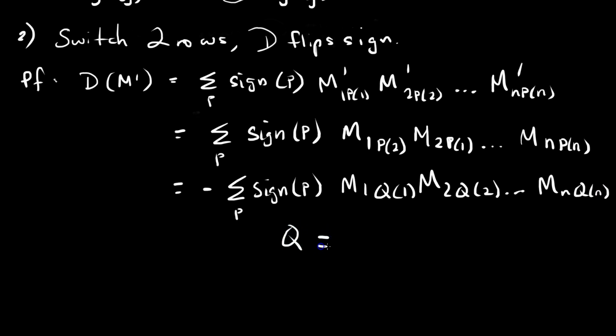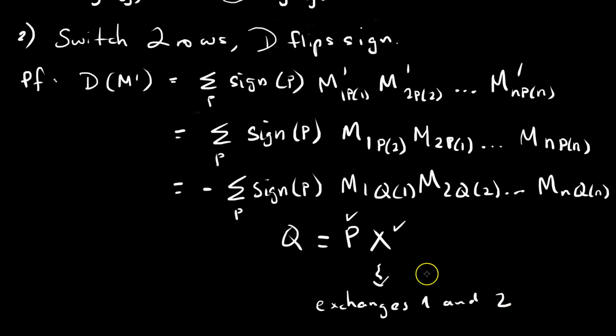Q is a new permutation that I defined that's equal to Px, and x is the permutation that exchanges 1 and 2. Okay, so permutations follow the same convention as matrices. First you do X, which switches 1 and 2, and then you do P, which is the permutation. Okay? So Q is this new permutation that we defined.